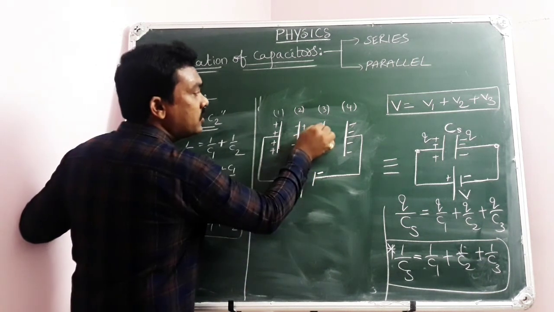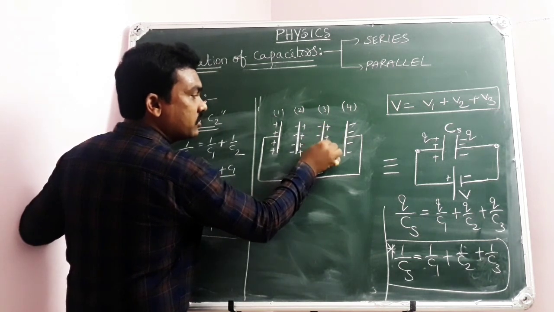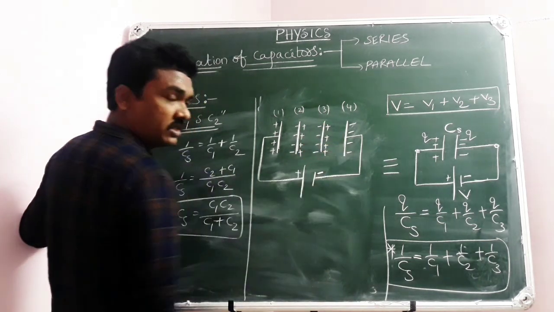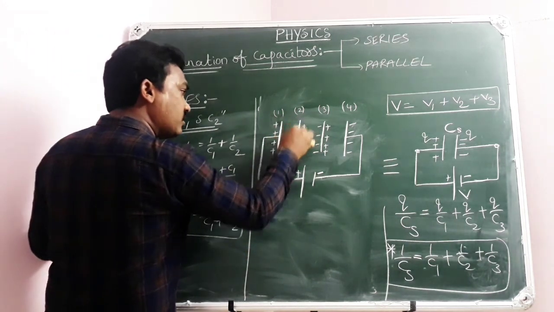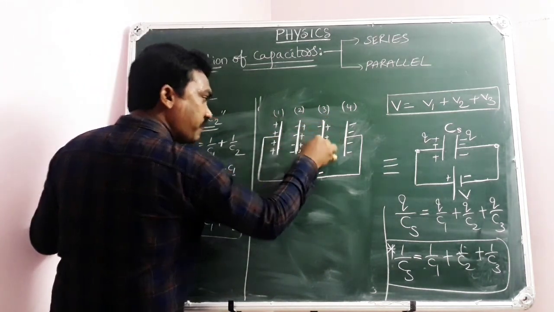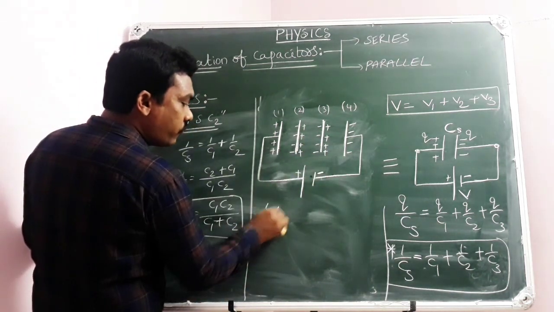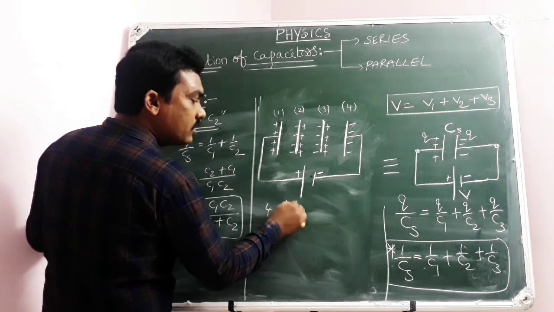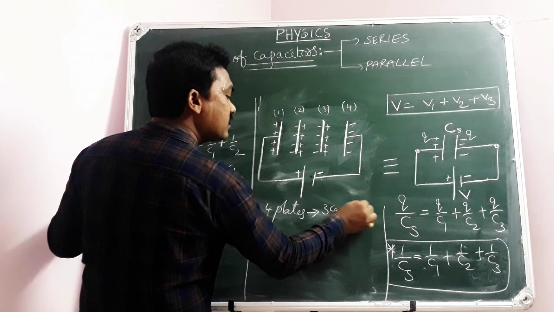This positive will induce a negative charge, this negative will induce a positive charge. Already this is negatively charged. So you can see here, this is one capacitor, this is another capacitor and this is another capacitor. Means using 4 different plates, we can have 3 capacitors in series.